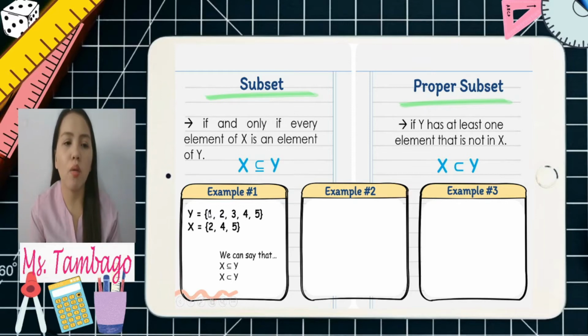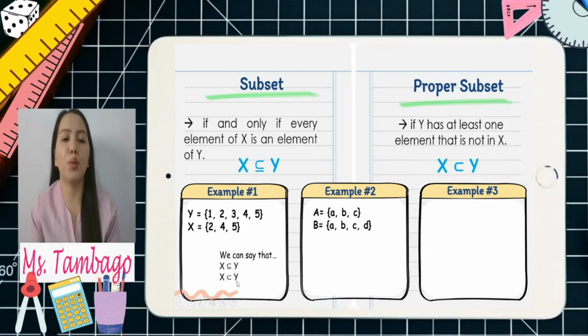Yes, we have. What are those elements? We have 1, and then we also have 3. So we have 2 elements in set Y that are not included in the elements of set X. That's why we can say that set X is a proper subset of set Y.